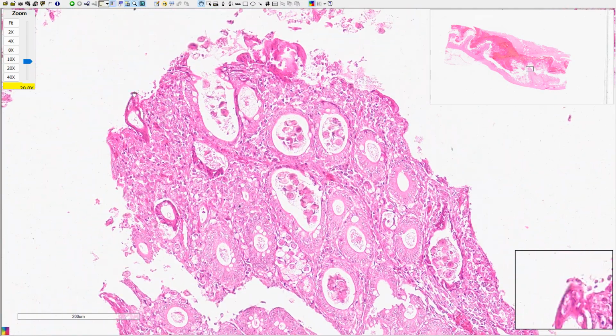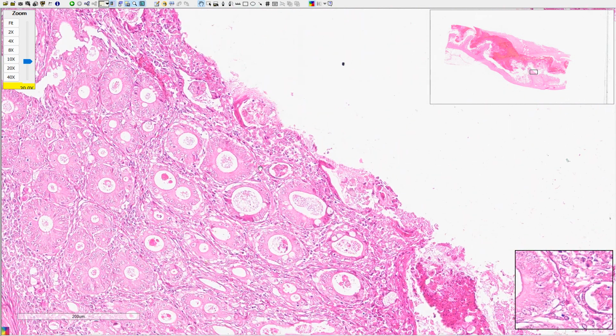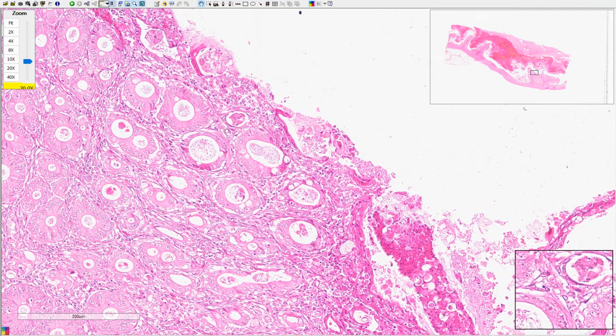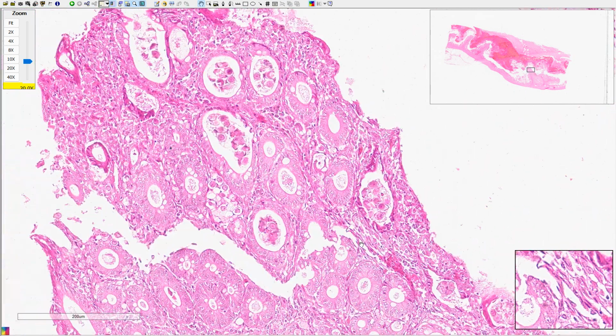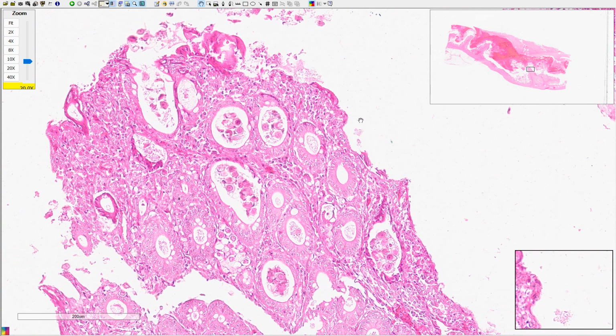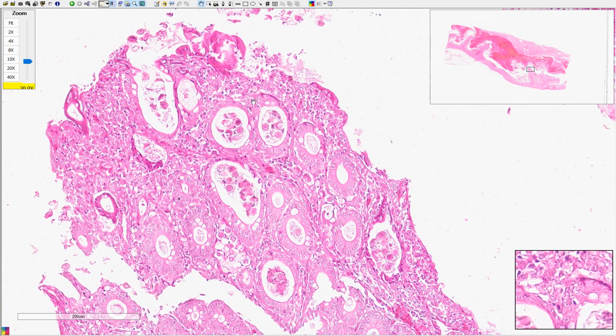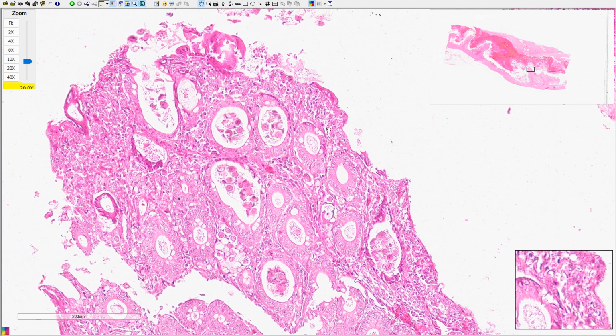This part here actually should be covered with epithelia, but can you see here? You cannot find the epithelia because of what we call desquamation or sloughing of the epithelia. Here, no epithelia at all. And then this part here, we call this crypts.